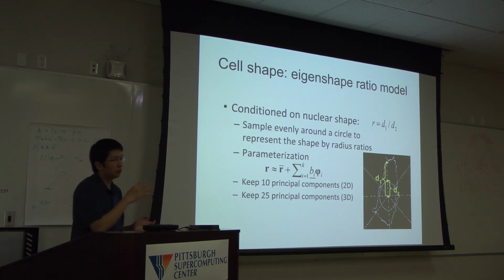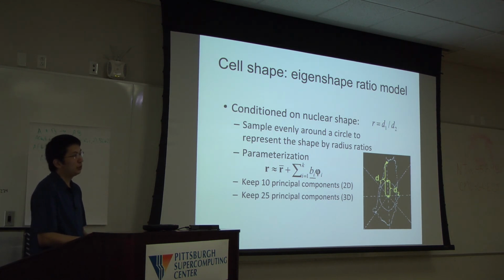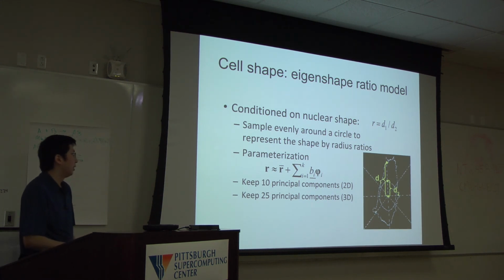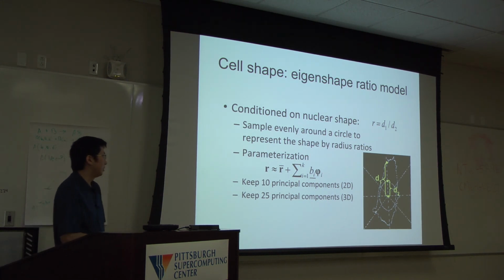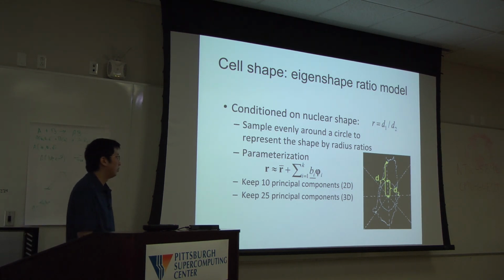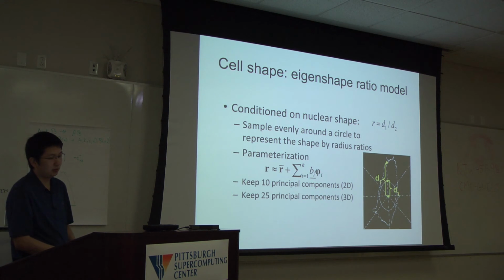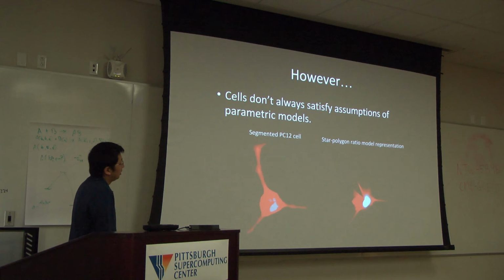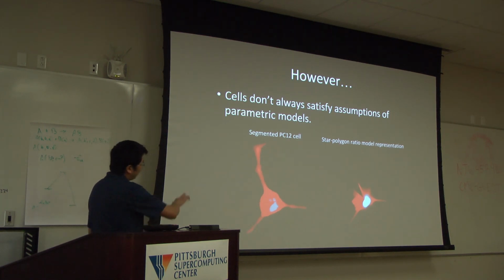We use these ratios as features and perform principal component analysis. For 2D, we can keep the first 10 principal components, and for 3D, we can keep the first 25 principal components.